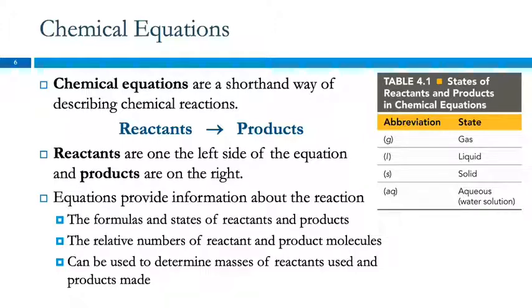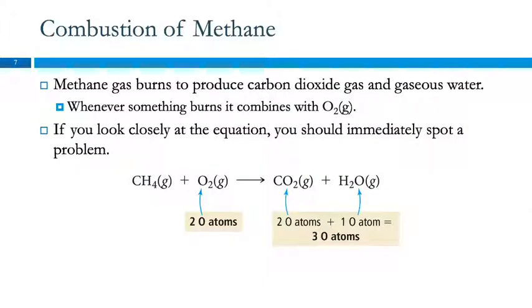We can also get the relative numbers of reactant and product molecules involved in the chemical reaction, and we can use chemical equations to predict, well, if I burn this much fuel, how much energy am I going to get? How much CO2 is going to be released? Those sorts of calculations are the focus of this chapter.